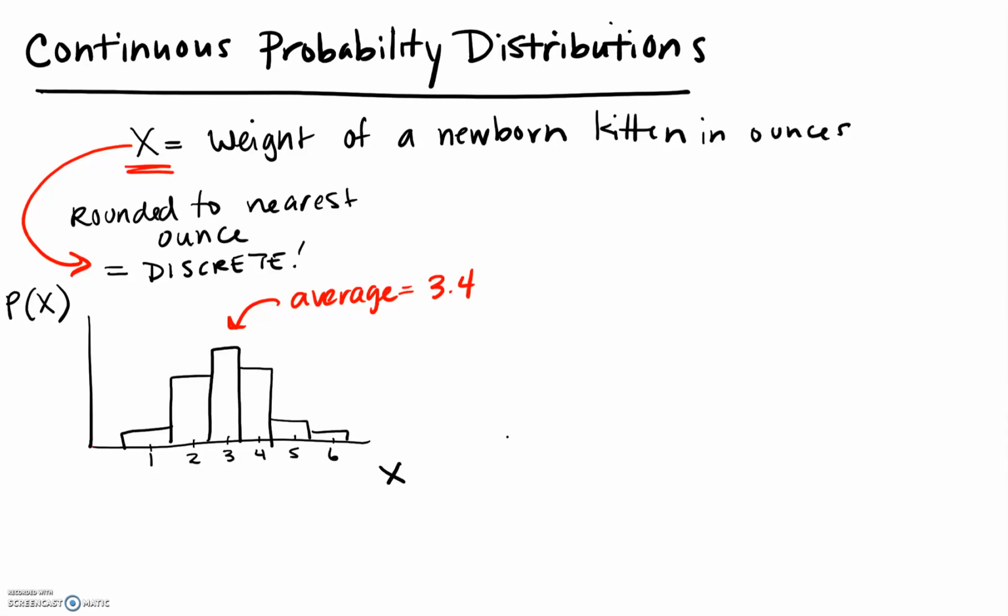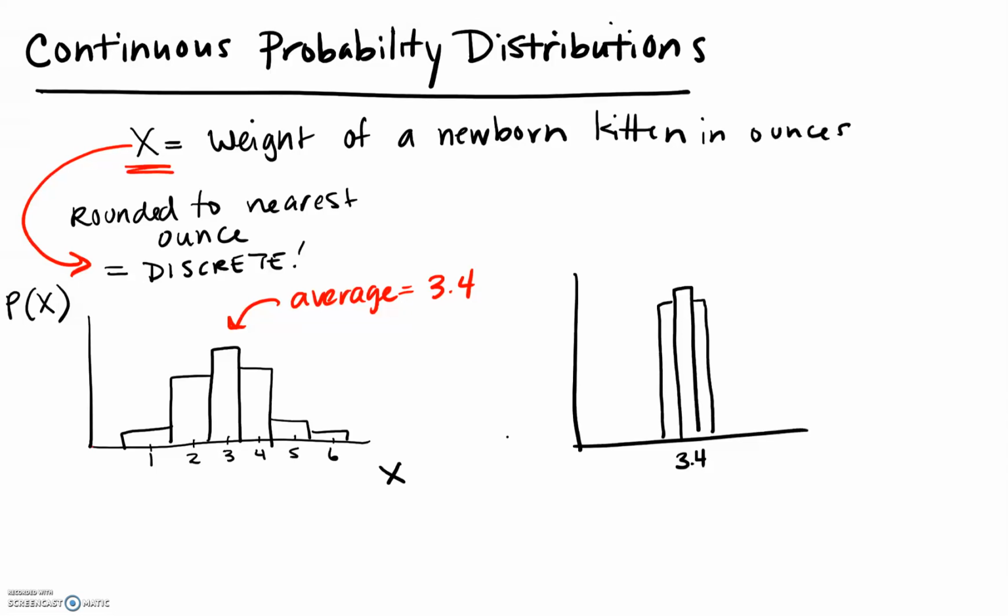And we can imagine if we got ourselves a finer cut, say instead of rounding to the nearest full ounce, rounding to the nearest tenth of an ounce, we might see something that looks more like this. So 3.4 is our average, so it's the most likely outcome, right? But then the next ones are slightly less likely, but still likely, because a kitten could definitely weigh 3.3 or 3.5 ounces.